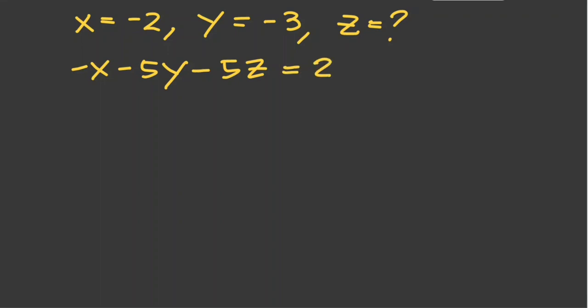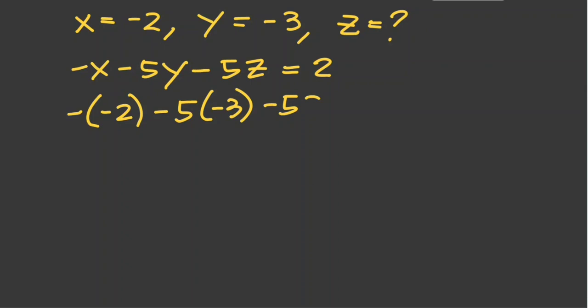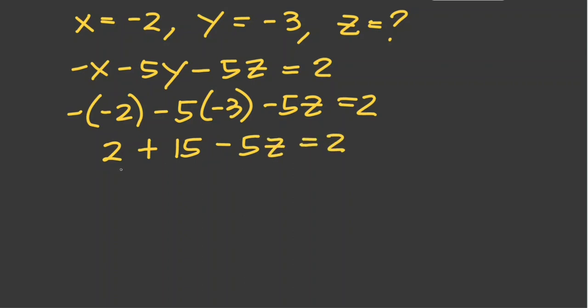All we have to do is substitute the values of x and y that we obtained from the new system. So the negative of negative 2 minus 5 times negative 3 minus 5z equals 2. This is 2 plus 15 minus 5z equals 2. 2 plus 15 is 17.